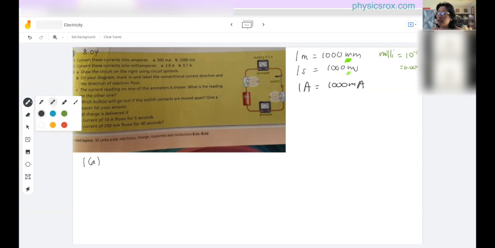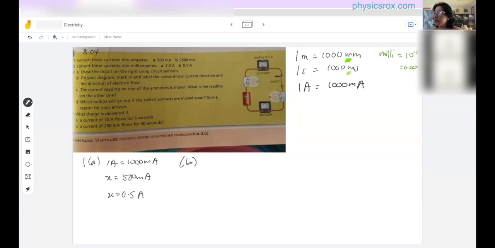Using that conversion, you can calculate. If 1 ampere is 1,000 milliampere, then 500 milliampere is 0.5 ampere. For B, you use the same method and you will get 2.5 ampere.